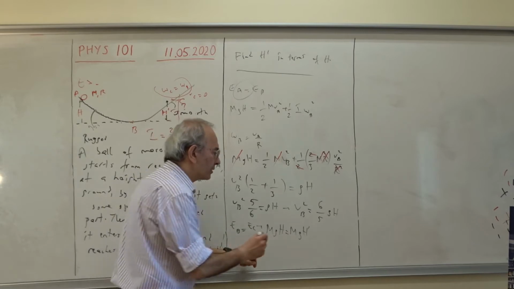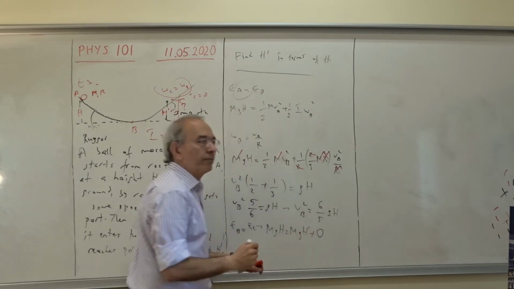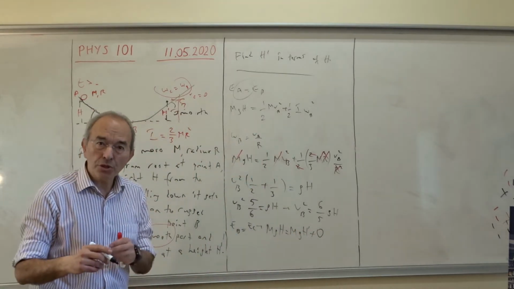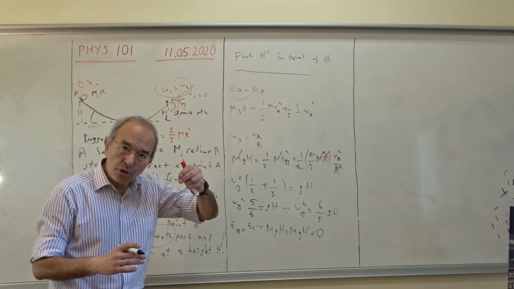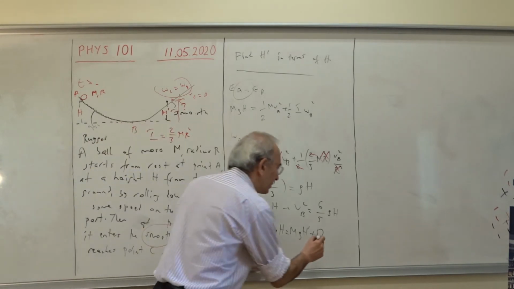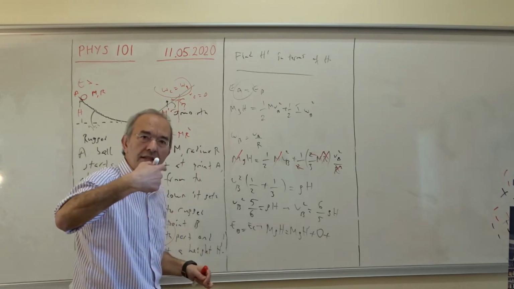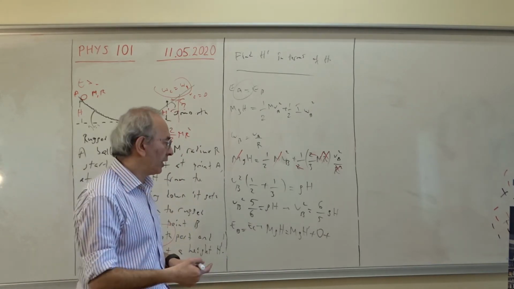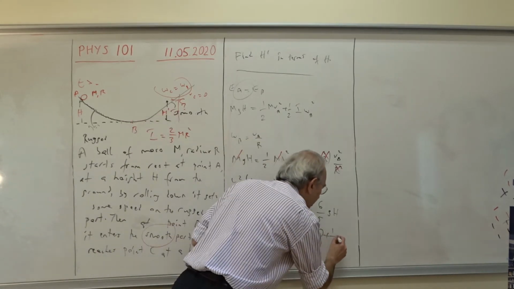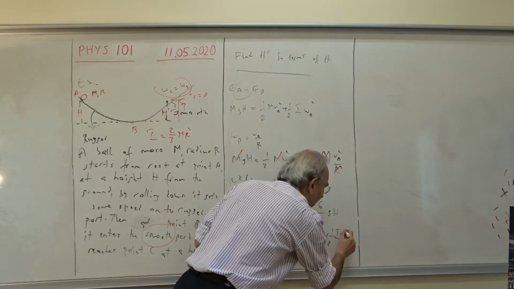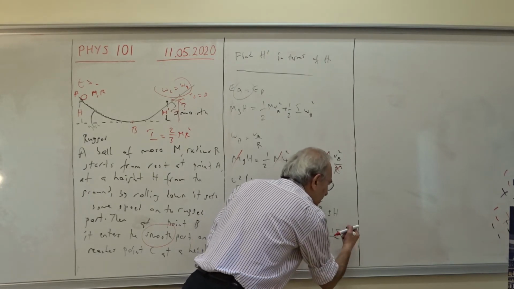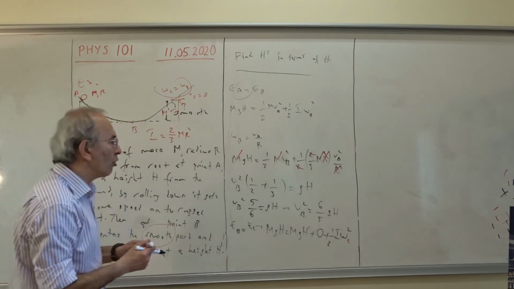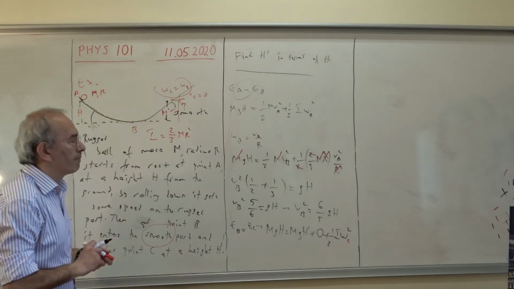MGH prime plus no linear kinetic energy because the center of mass of the ball stops, but there is still some angular kinetic energy, which is 1/2 I omega C squared. And omega C and omega B are the same.